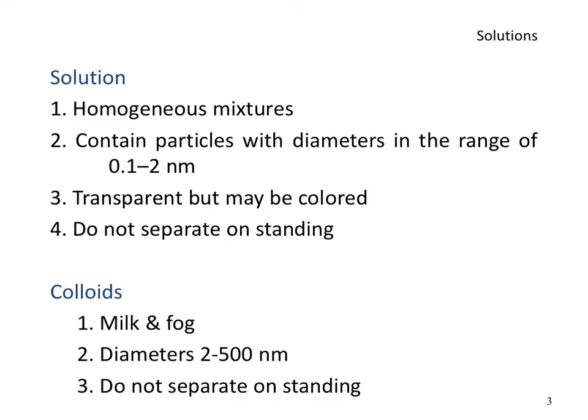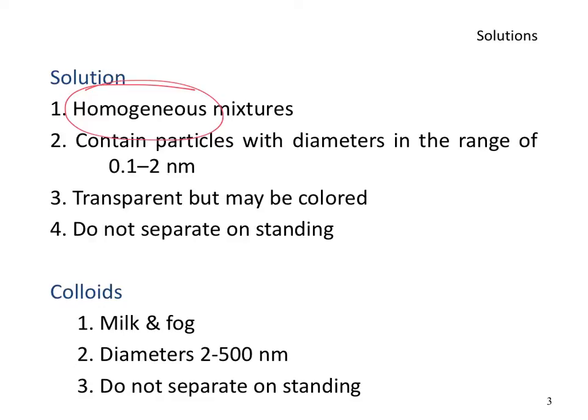So in general, if somebody had to differentiate between a solution and a colloid, one could say that a solution is first off a homogeneous mixture. So again, the particles of the solute, the component which is present in smaller quantities, are going to be pretty uniform with the bulk component.